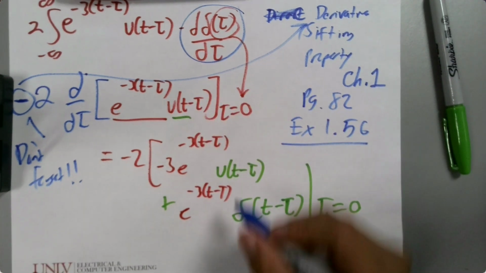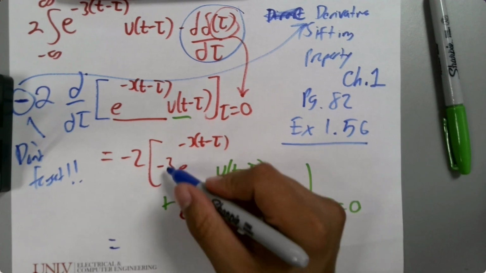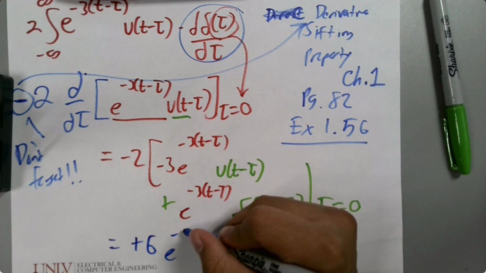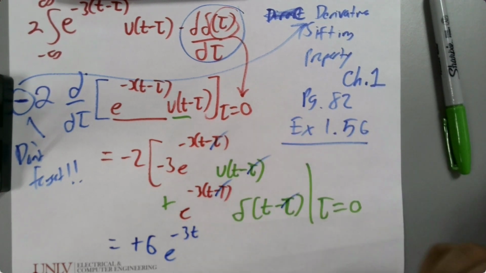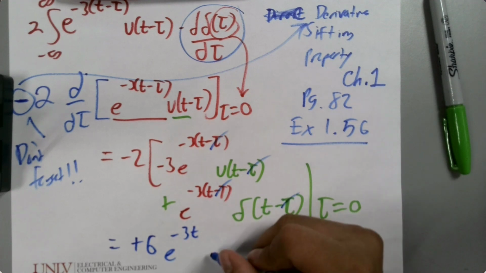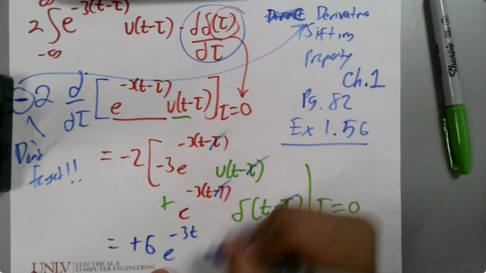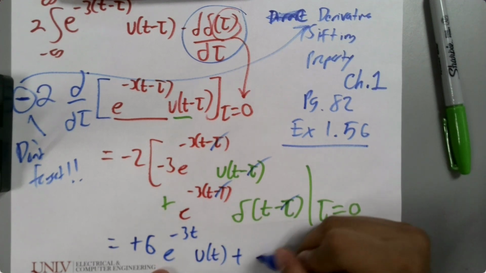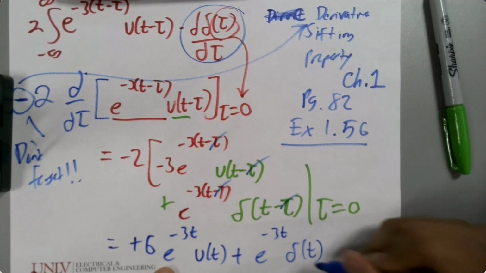Alright? So now, when we have this equal to 0, okay, just to format, plus 6 e to the minus 3t. Okay, get rid of that, get rid of that. U of t, don't forget the u of t, plus e to the minus 3t delta of t.